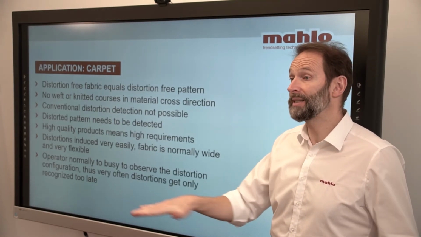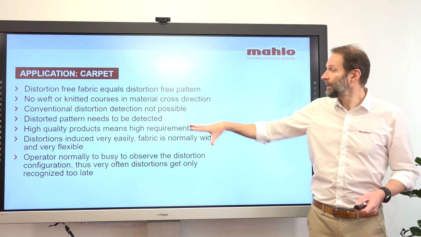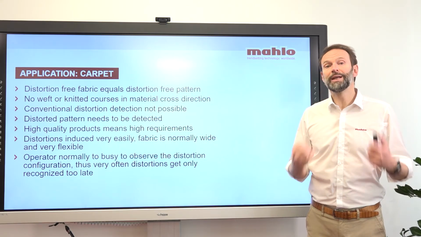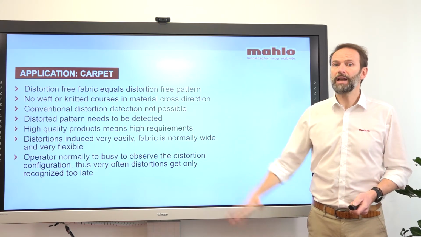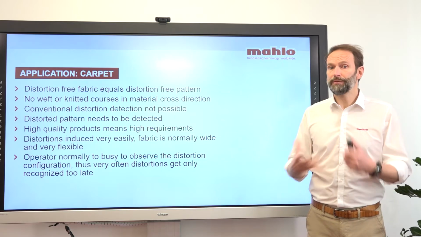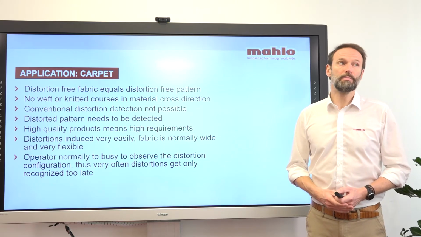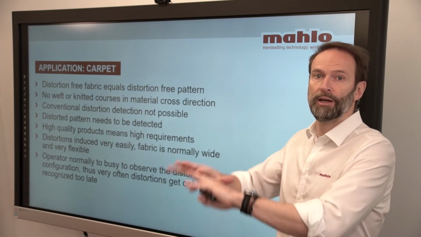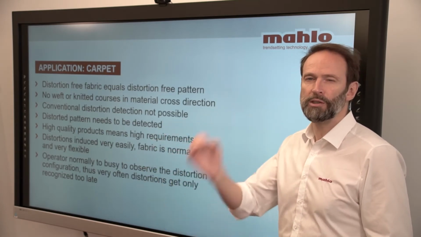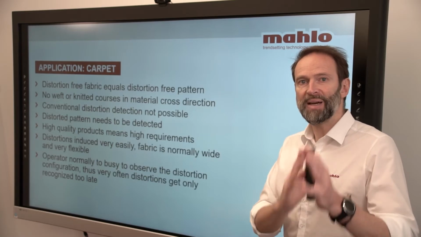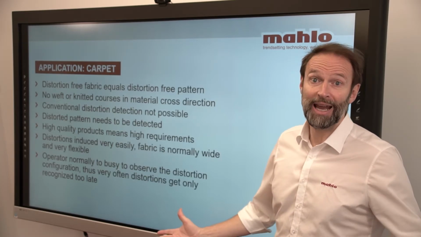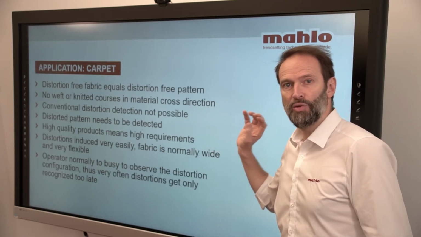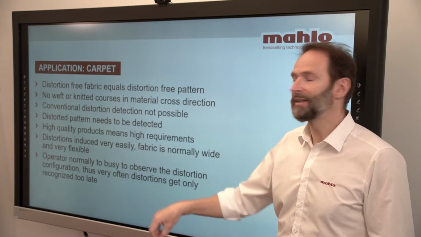Afterwards, it's game over. So here it is very important to really fix things, and we know very well that the human factor is not always the most reliable thing, and therefore an automatic closed loop control system, which is always ensuring the best quality, like a Marlow does, is the right piece of equipment at that stage.